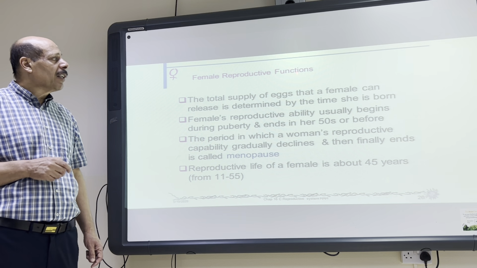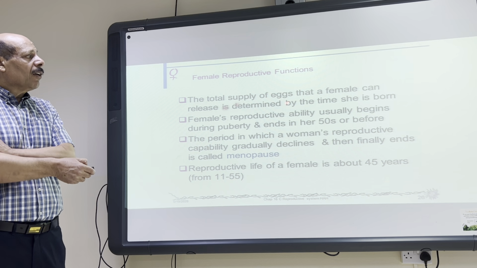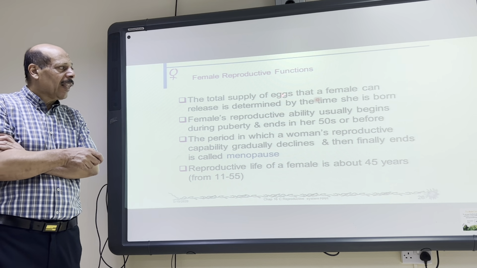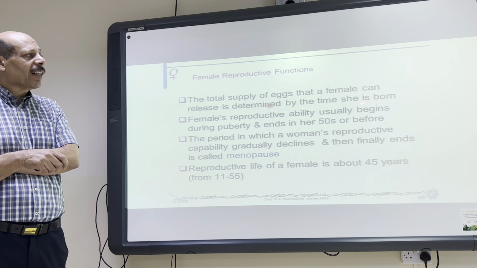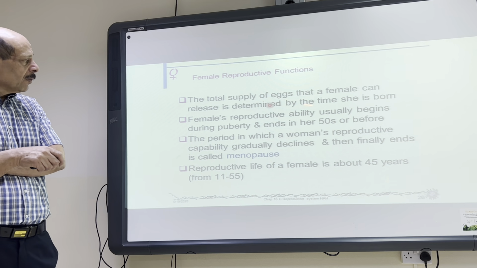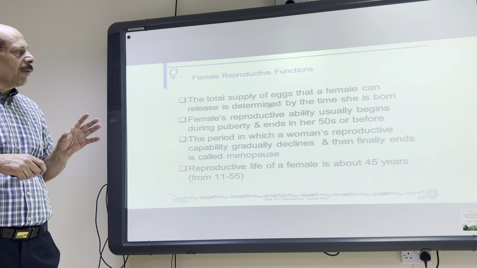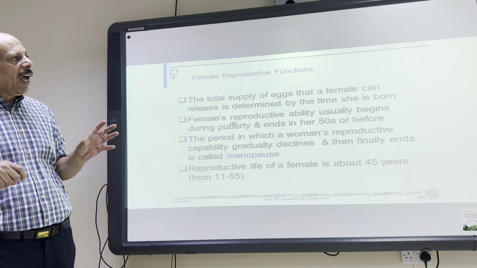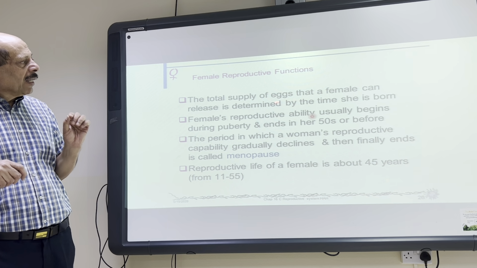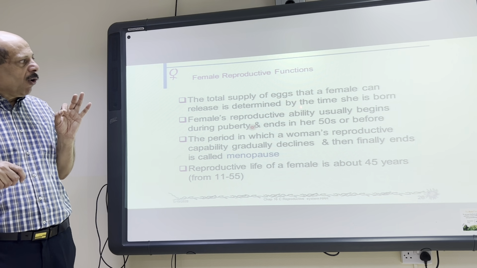For female reproductive function, the total supply of ova or eggs that a female can release is determined by the time she is born. From the time of birth, the ovary has the primary number of follicles that have the ova.